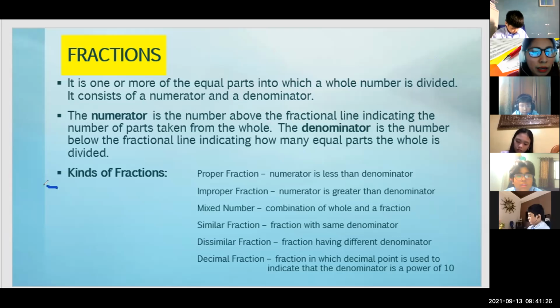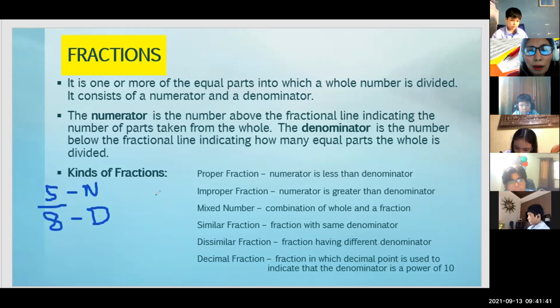So again, 5/8. 5 here is the numerator and the 8 here is the denominator that indicates how many parts the whole is divided into. While the numerator indicates the number of parts taken from the whole.